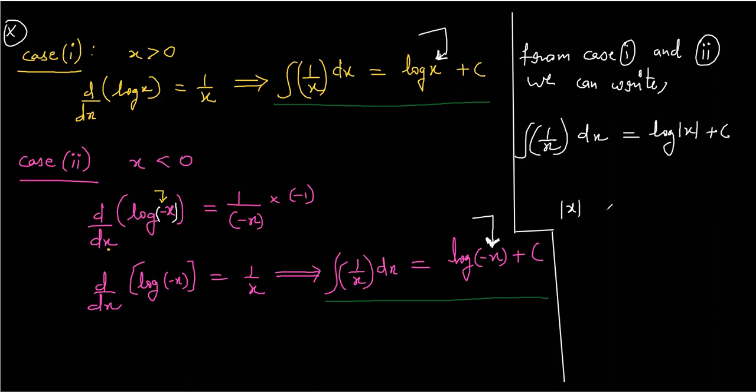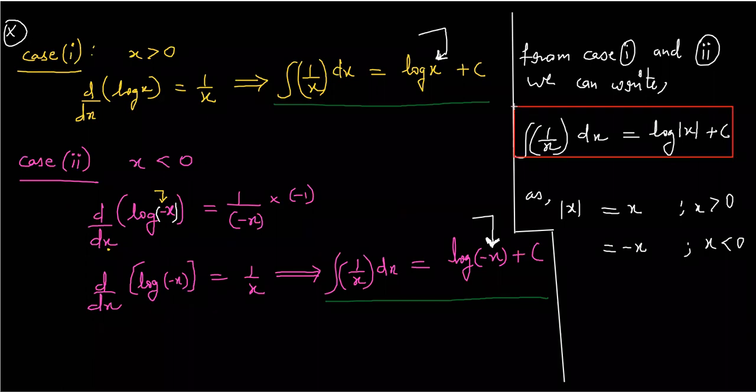Mod of x is x for x greater than 0. Mod of x is negative x for x lesser than 0. So mod of x I wrote here. Okay. So please students, you will copy this. And the main result that you have here is this.